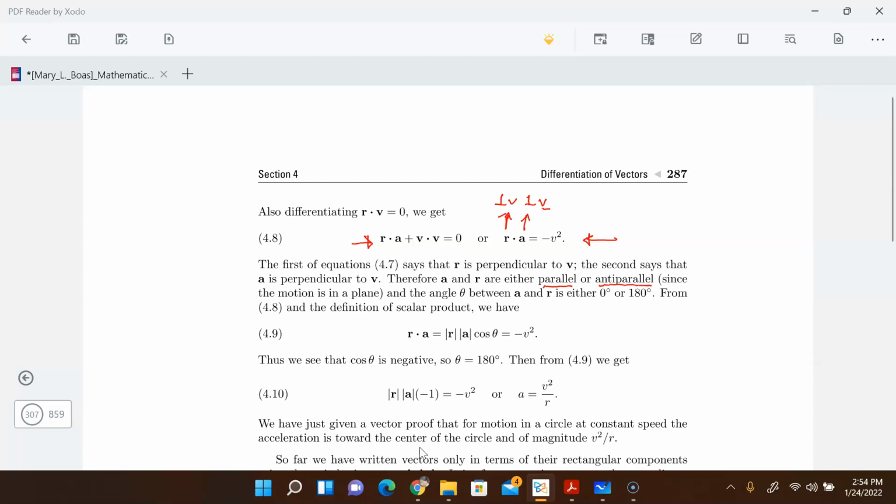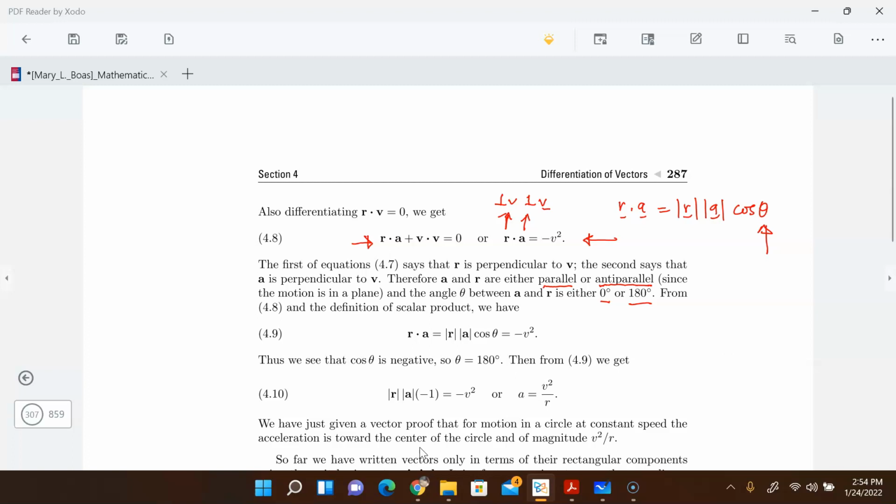So in other words, the angle between r and a, remember that this is r a cos theta. So we need to find out what this angle is. The angle should be either 0 or 180 degrees, or pi radians.